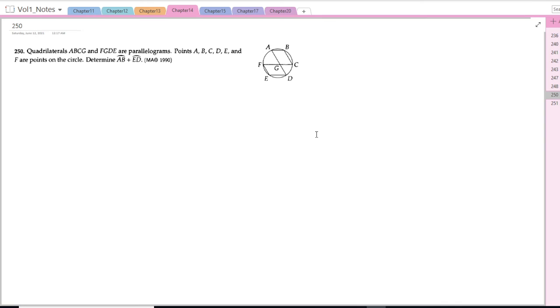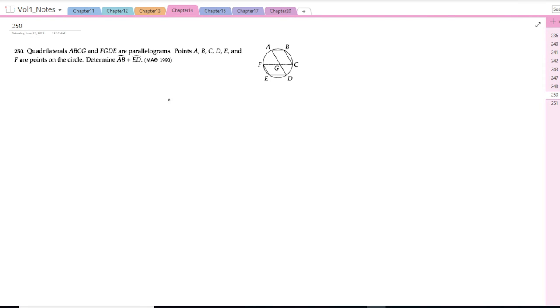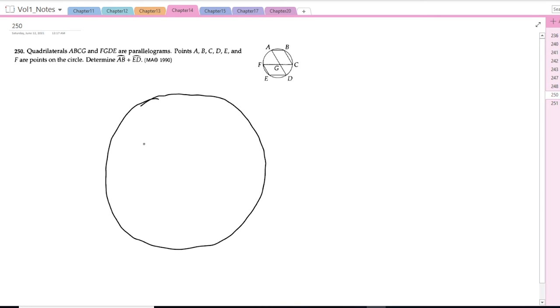Next, question number 250. Let us draw a large diagram. So we have a circle, and ABCG and FGDC are all parallelograms.